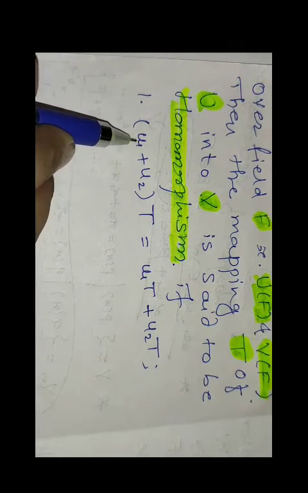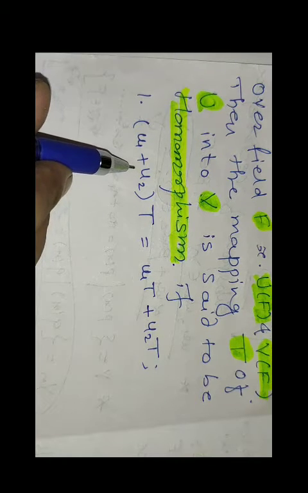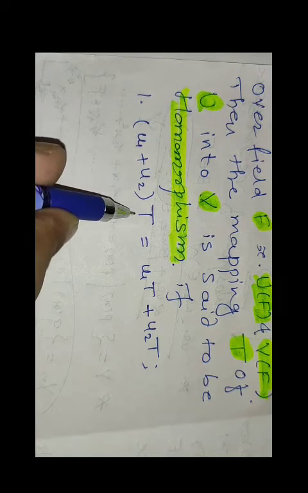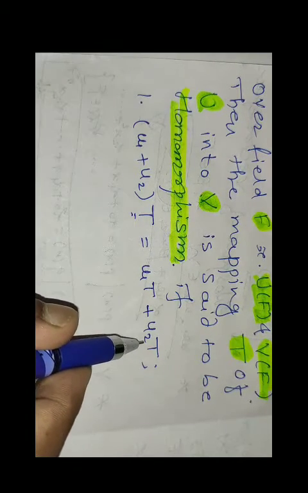That means for any two elements u1 and u2 belonging to U, the image under mapping T can be u1T plus u2T.